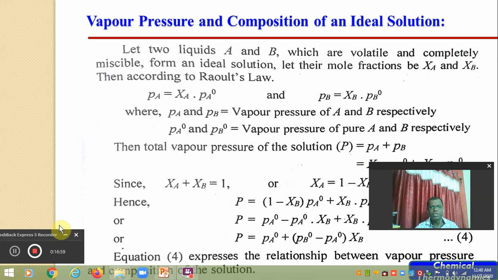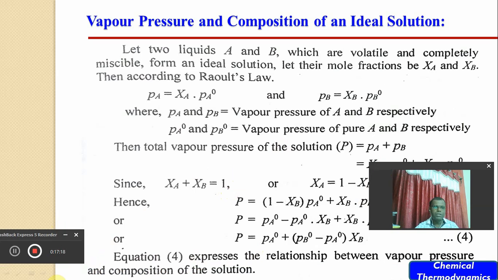What happens to the vapor pressure whenever we change the composition of the solution in terms of solvent as well as solute? Whenever the composition changes, it means the concentration changes. It means that the amount of solute or the amount of solvent changes. Definitely it will lead to a change in composition.